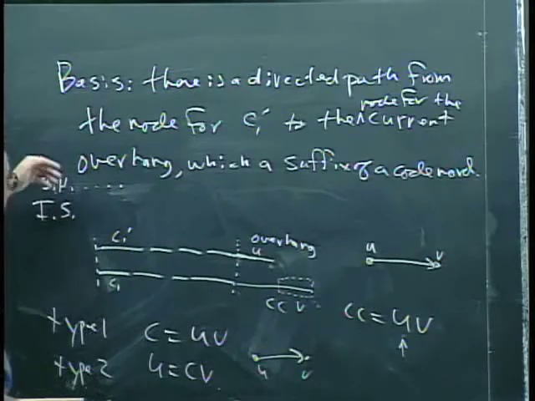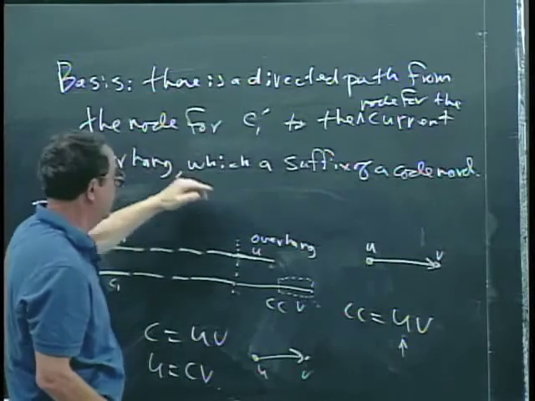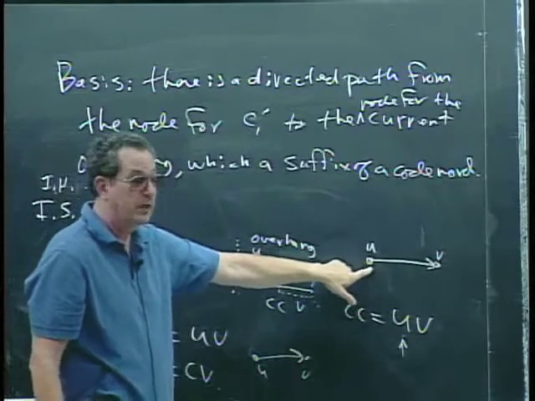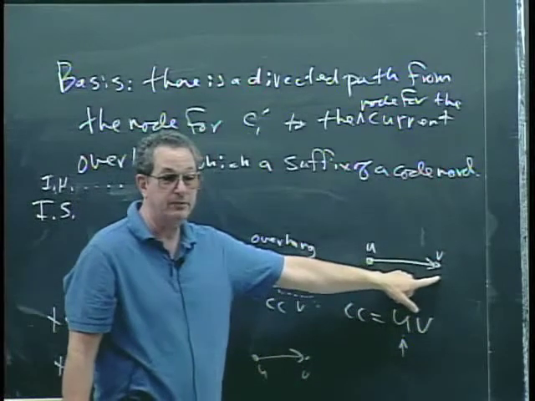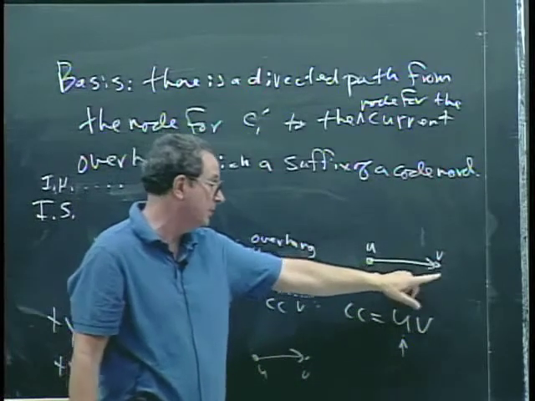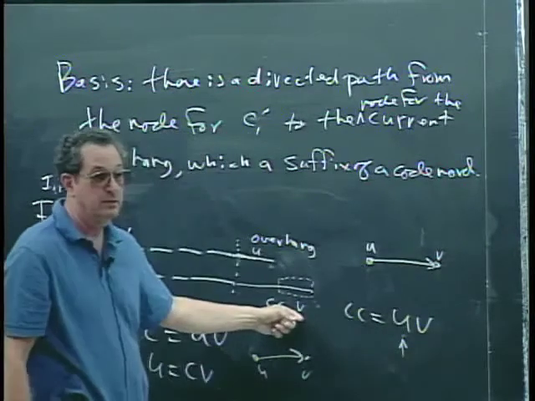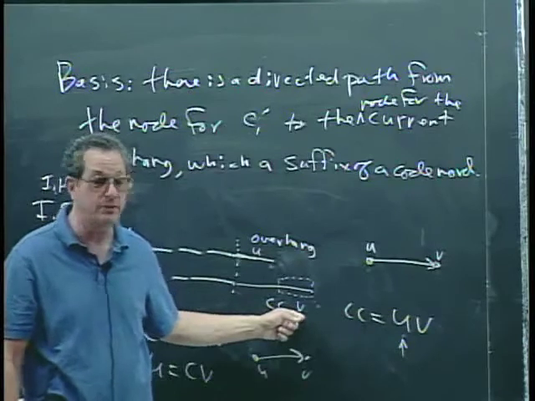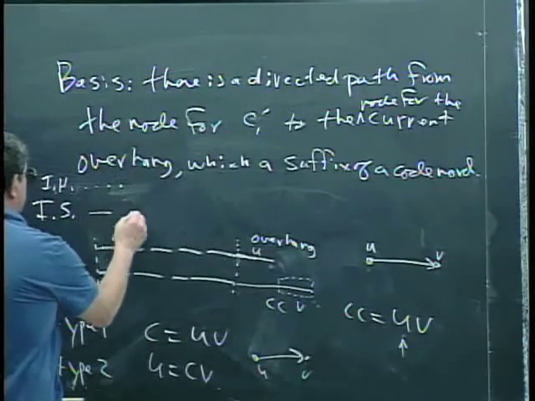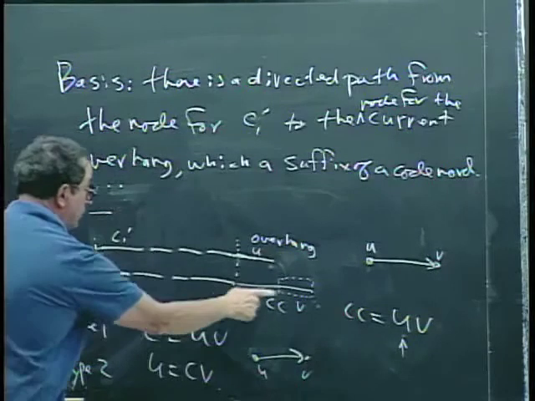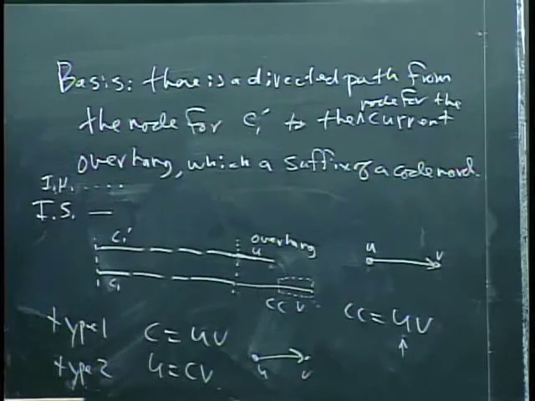We had inductively that there was a directed path from C1 prime to the current overhang, which is U. And now we have this additional edge in that path. So now there's a path from C1 prime to V. And what is V? V is the current overhang, and V is the suffix of a code word. So that proves the inductive step when the new code word extends the shorter parse to become the longer parse.